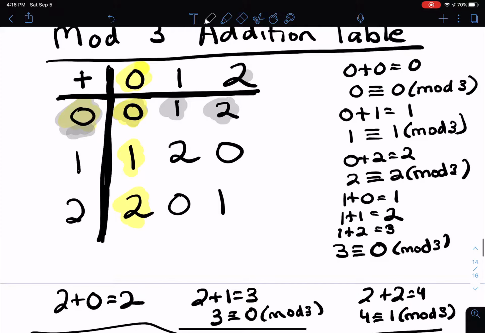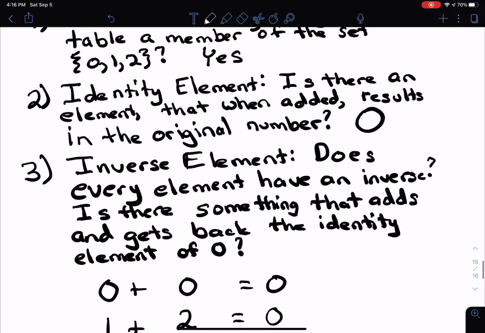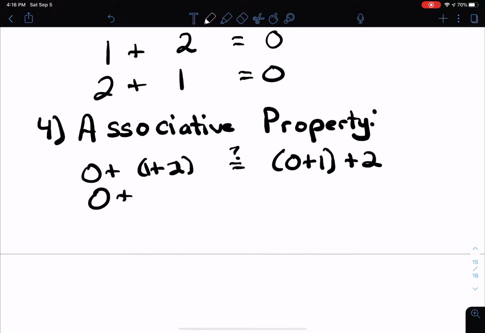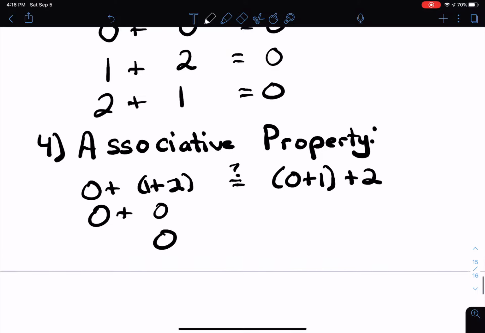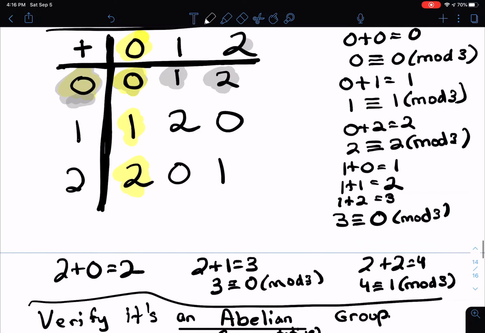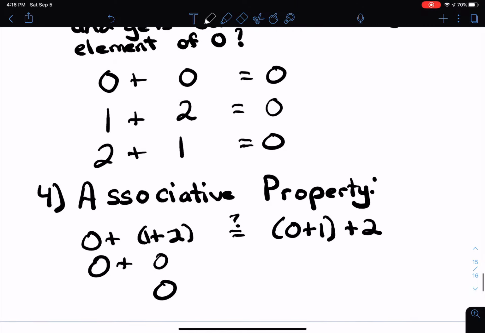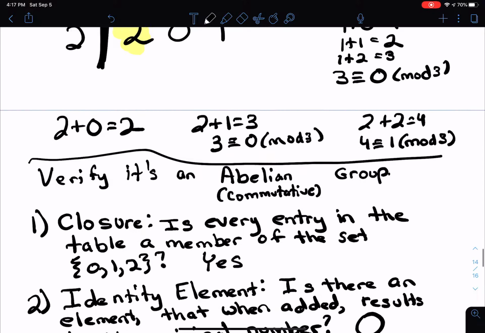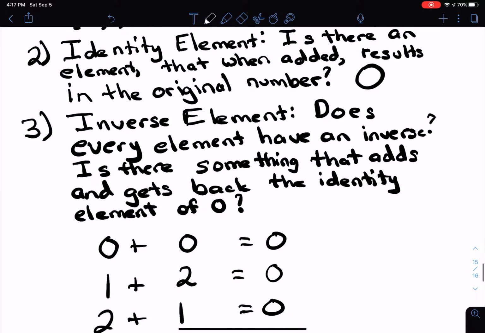If I add 1 and 2 together, I get 0. So I get 0 plus 0, and I already know that 0 plus 0 is 0. And then back to our chart, if I add 0 and 1 together, I get 1. And then if I add 1 plus 2 together, I get 0.